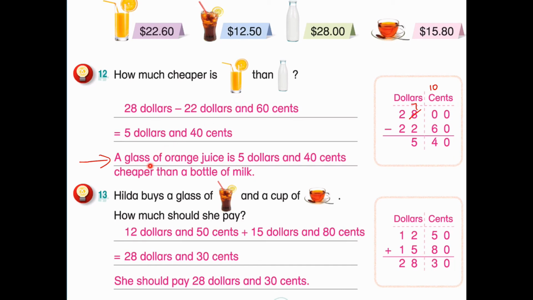So it's a glass of orange juice. It's $5.40 cheaper than a bottle of milk. So be really careful with this sentence. If you didn't get it correctly, I would suggest you copy down the correct answer for the sentence.